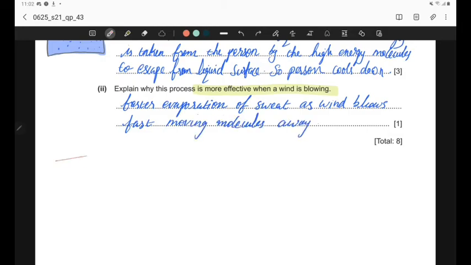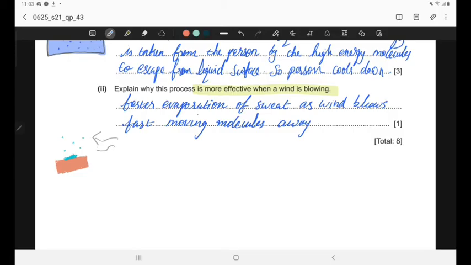This means from the surface of the skin, suppose this is skin, and there is sweat on the skin. We have already seen that in the process of evaporation, high energy sweat molecules will escape from the sweat and escape to the surroundings.